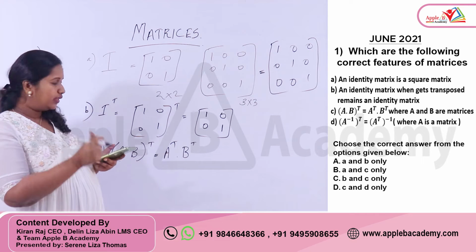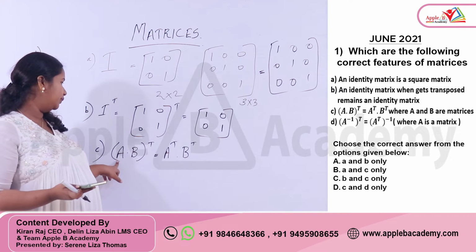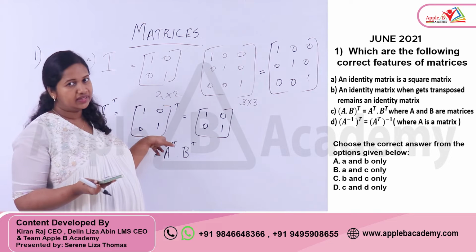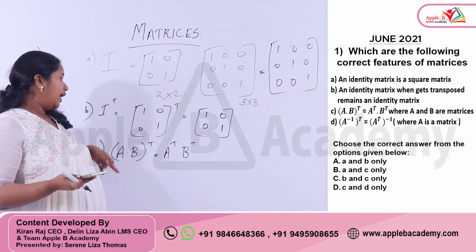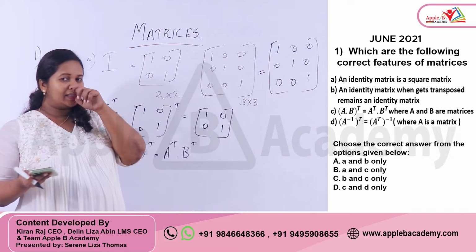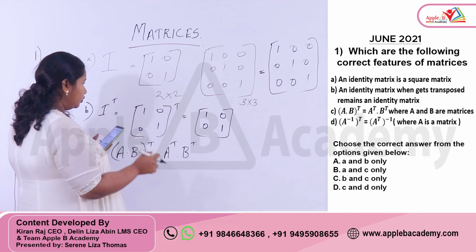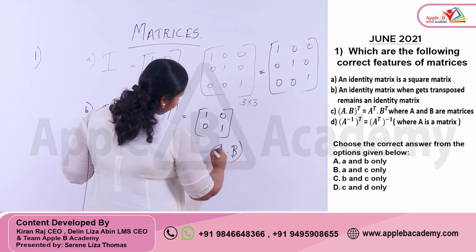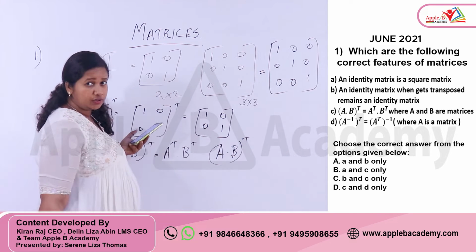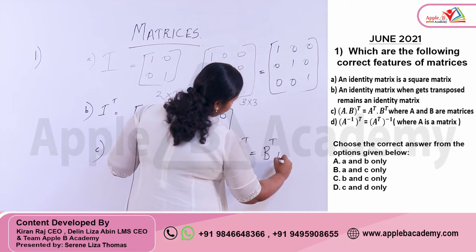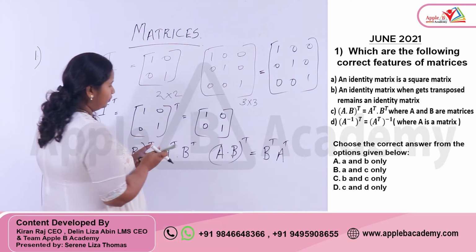Here you are multiplying matrix A and matrix B and then taking the transpose, and that would be equal to A transpose into B transpose. No, this statement is wrong. The correct statement is that when you multiply two matrices and take the transpose, this would be equal to B transpose into A transpose.